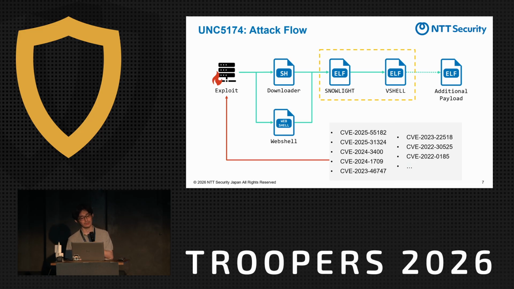In some reports, SNOWLIGHT and VShell are treated as separate malware, but in this talk, we treat SNOWLIGHT as the stager for VShell. Then SNOWLIGHT executes VShell. They use VShell to carry out post-compromise activity. In some cases, they also download and execute additional payloads.